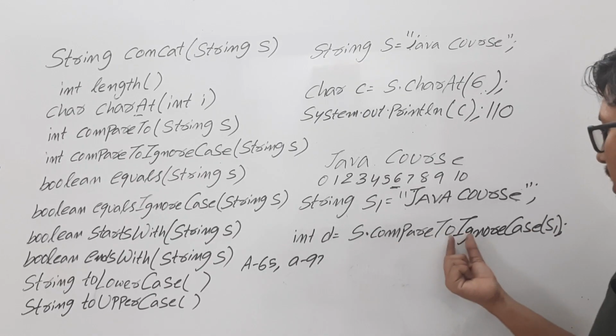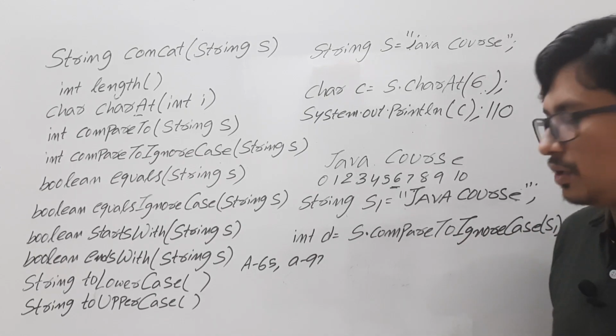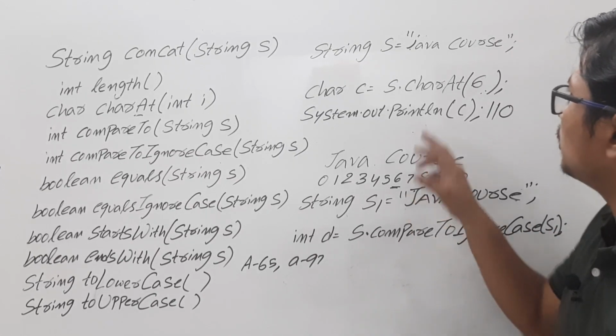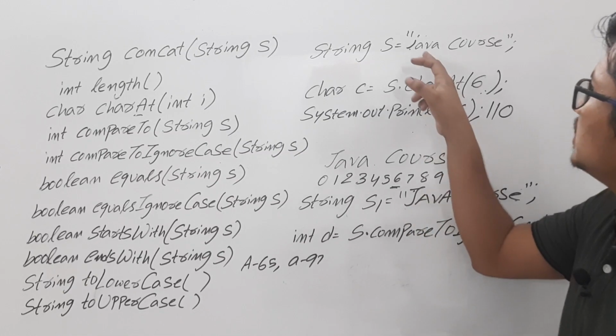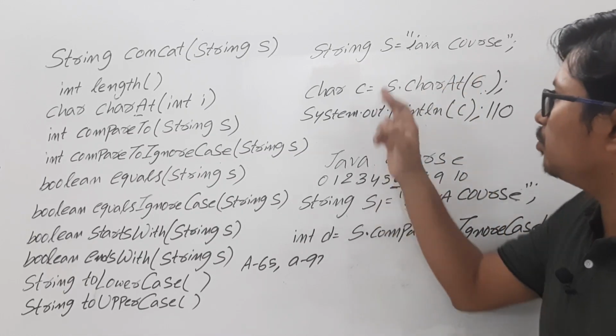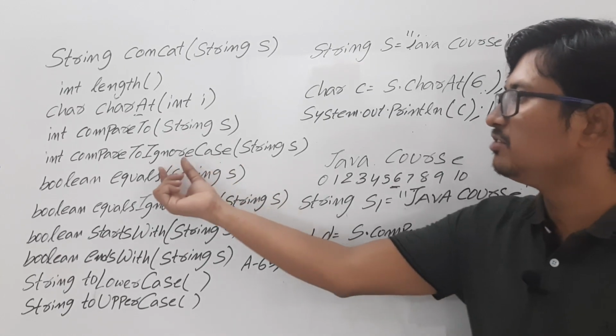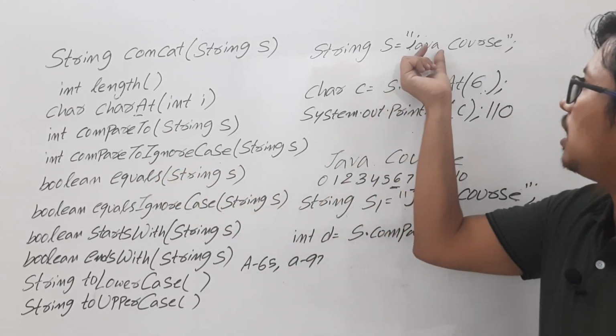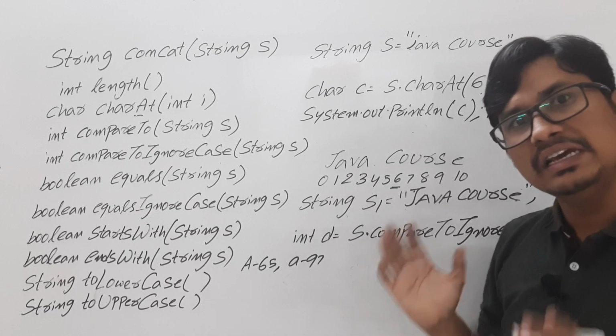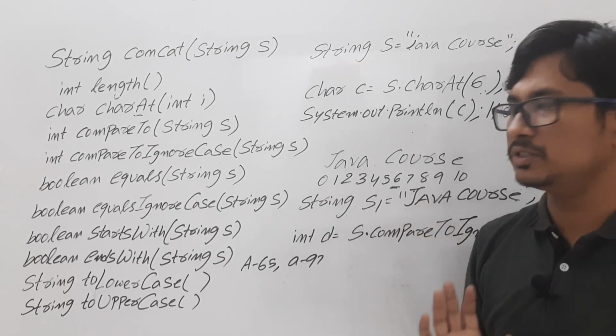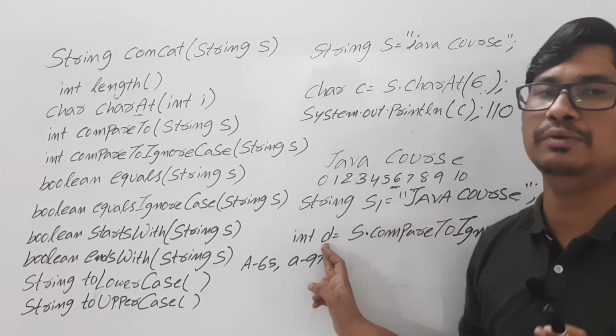What it will do is, if the content in both the strings is the same, it will return the value 0. So it will ignore the case if one is in uppercase and another one is lowercase. It will consider them both as the same strings and will return the integer value 0.